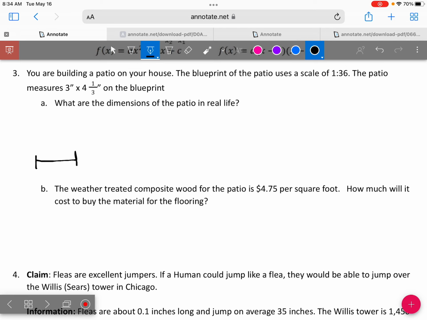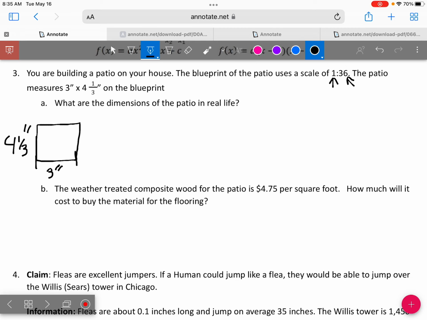If I draw 1 inch on the drawing, in real life, it means 36 inches. So if I draw my picture of my little doghouse, and it is 3 inches on one side, and 4 1/3 inches on the other, we want to find the dimensions of the real doghouse that we would do with that picture.